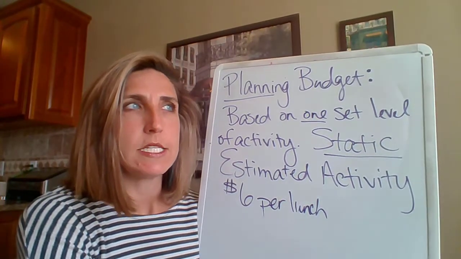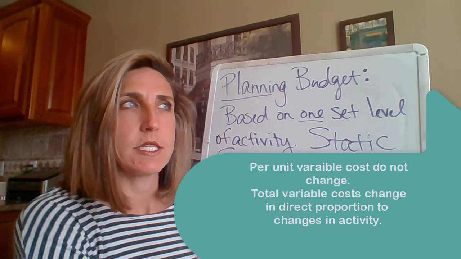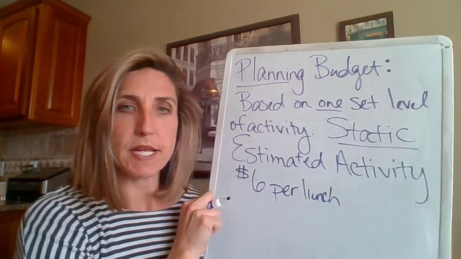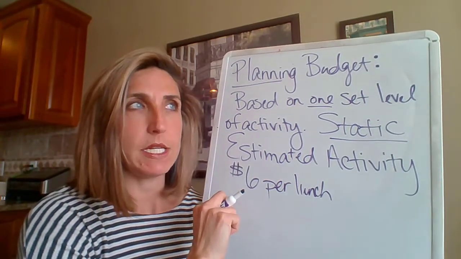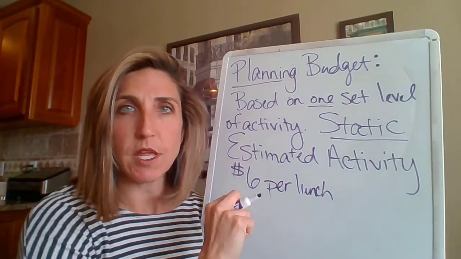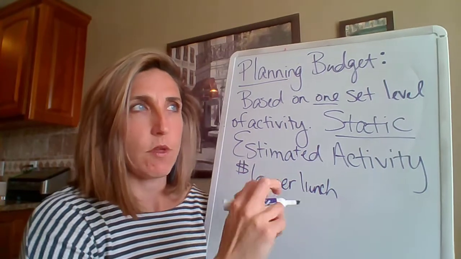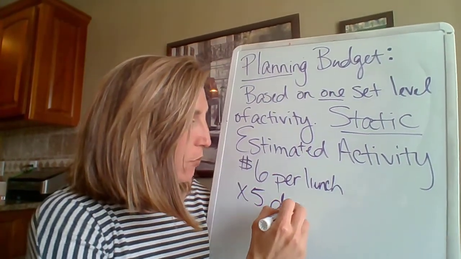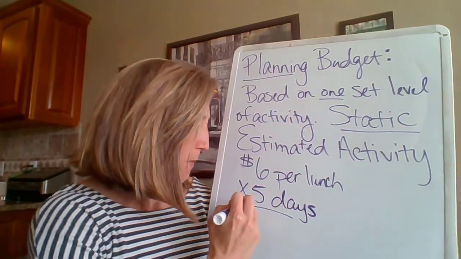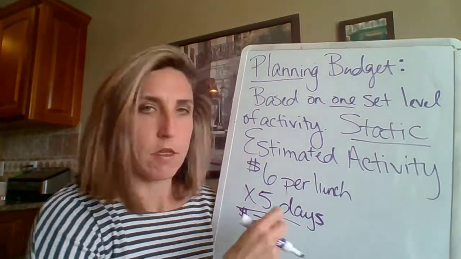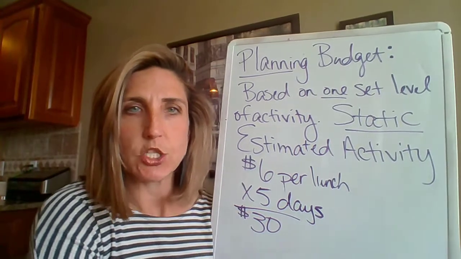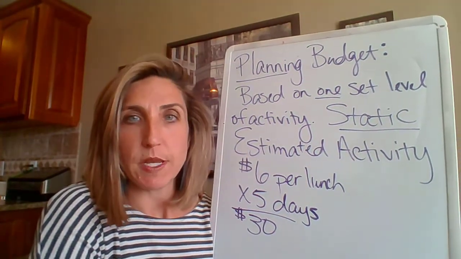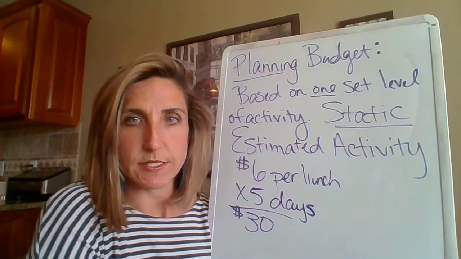Remember, your definition of a variable cost is that the per unit will stay constant. But my total budget would be based on how many times I plan to go to lunch each week. So if I was going to go to lunch every day, 5 weekdays, my budget would be $30 in total. My planning budget would say I plan to spend $30 for lunches this week.